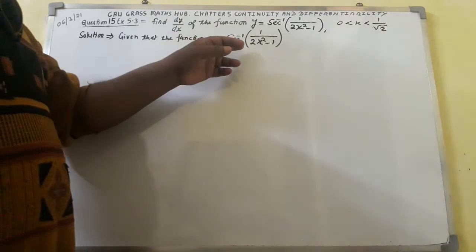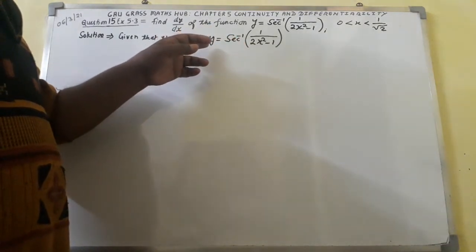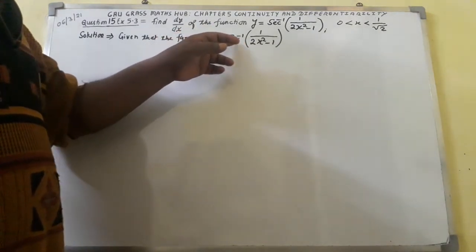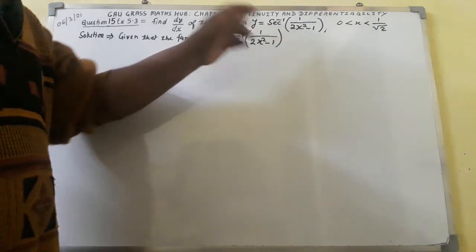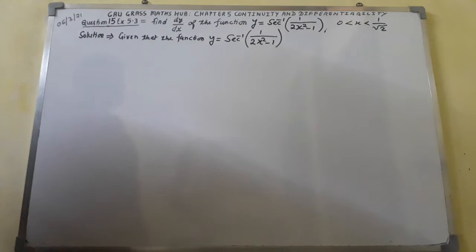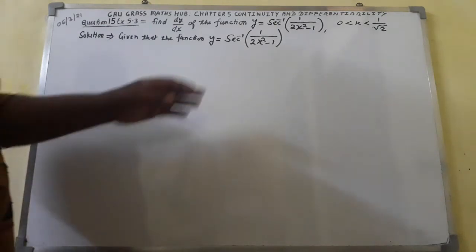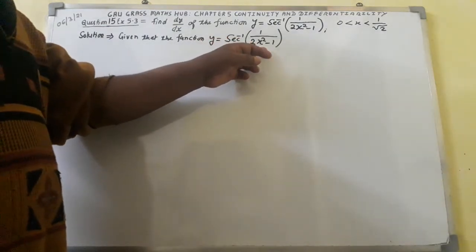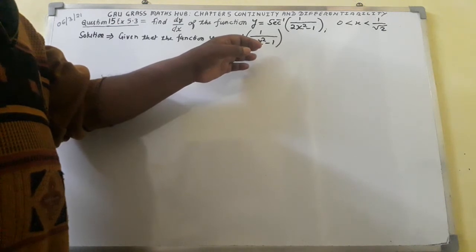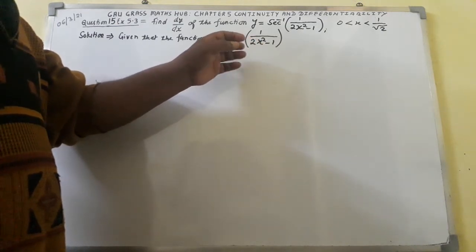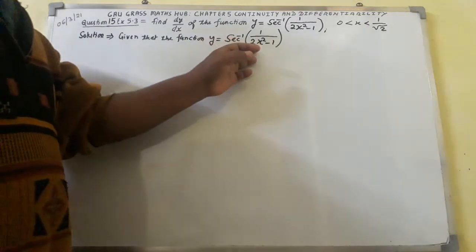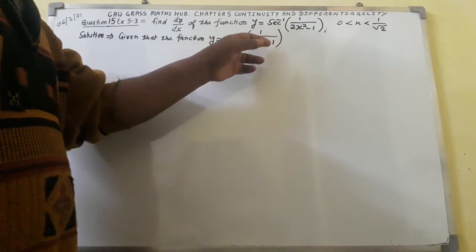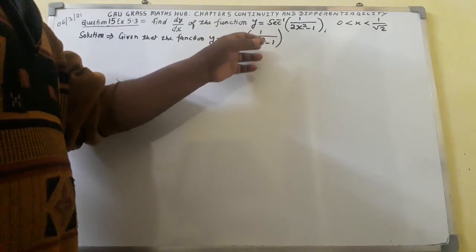Here you can see the given function is y equal to sec inverse in bracket 1 over 2x square minus 1 bracket close. The things given inside the bracket you have to form in terms of sec. For this, the whole term inside the bracket will be converted into sec.